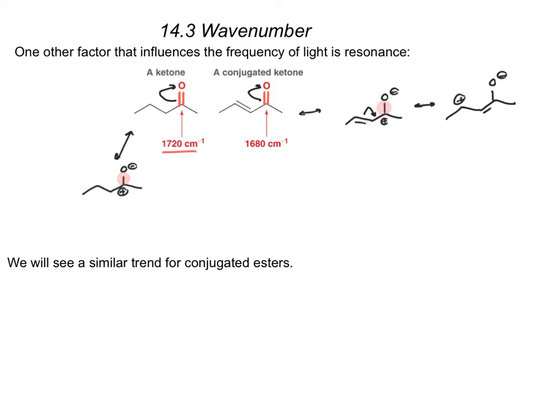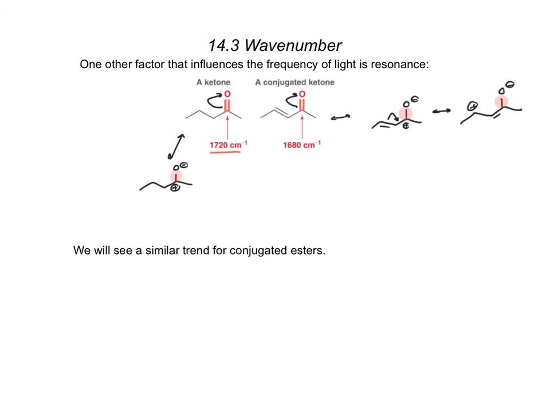How many different resonance contributors do we have where we have that same bond for the conjugated ketone depicted as a single bond? Two, right? So because this one has two resonance contributors where this is a much weaker bond, we're going to see absorbance for this conjugated ketone at a lower frequency, at a lower energy, because for two of the resonance contributors, it's not a double bond, it's a single bond, which is a weaker bond. Okay? So resonance is also going to play a role in determining the wave number of absorbance.